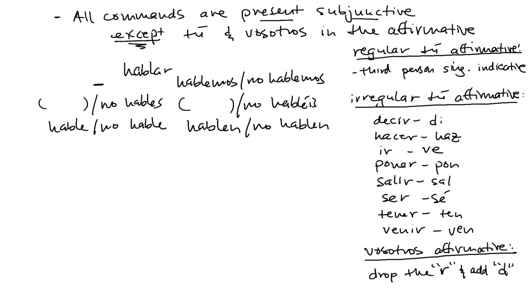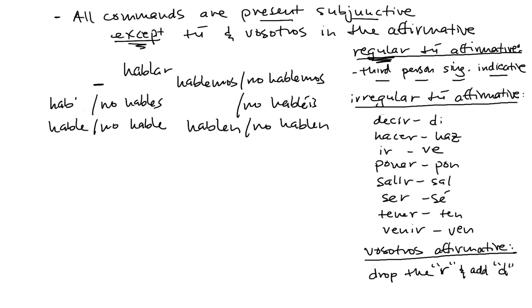Now, tú and vosotros affirmative. Let's go back and fill those in. Over here on the right, we have the keys. If the tú affirmative form is regular, then we simply use the third person singular of the indicative present tense. So let's say you're taking hablar. What's the third person singular of hablar? Hablo, hablas, habla.